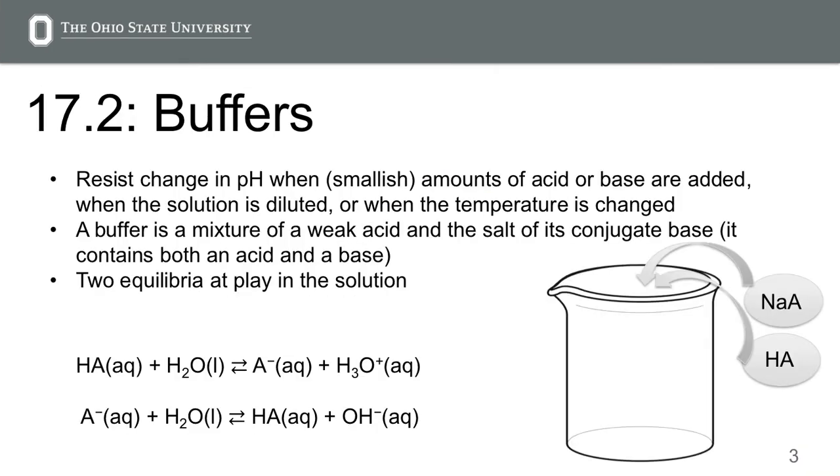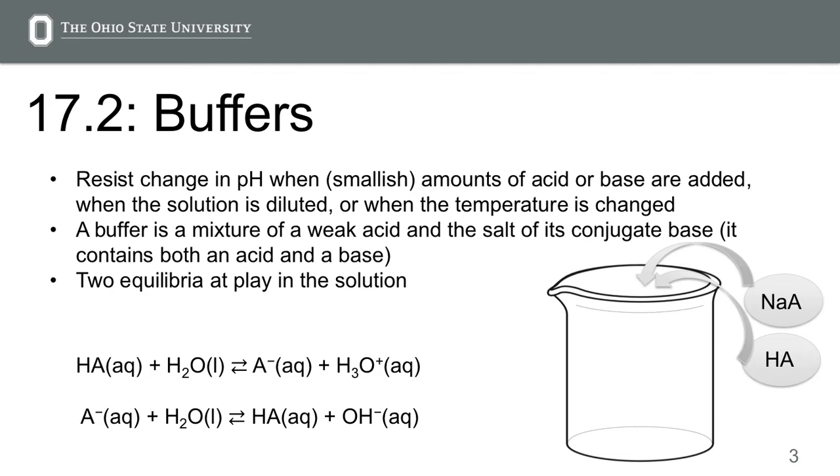All right, so that's sort of the idea of what's happening with buffers. In a buffer, we're going to add a weak acid and the salt of its conjugate base, or we're going to have a weak base and the salt of its conjugate acid.